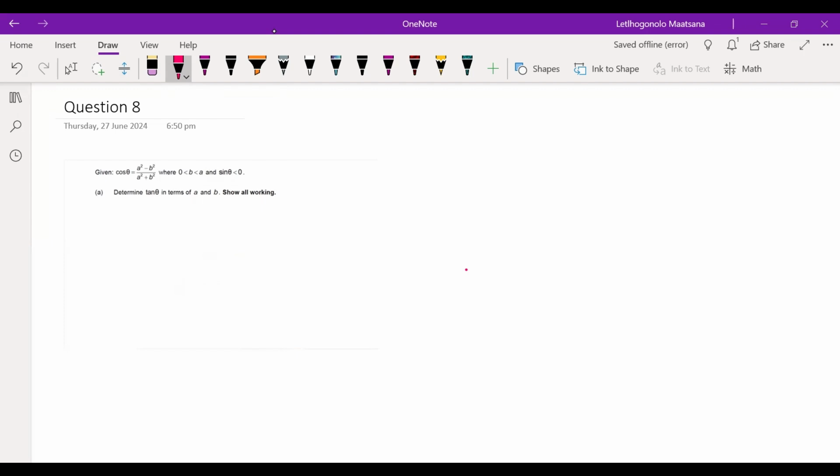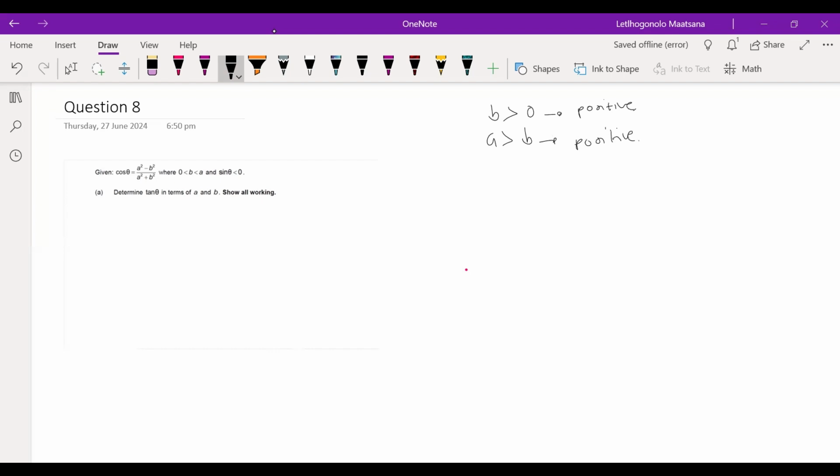So first, let's find which quadrant they are talking about. We are told that b is greater than 0 and a is greater than b, so clearly what they're telling us is that it's positive. If b is positive, so is a.